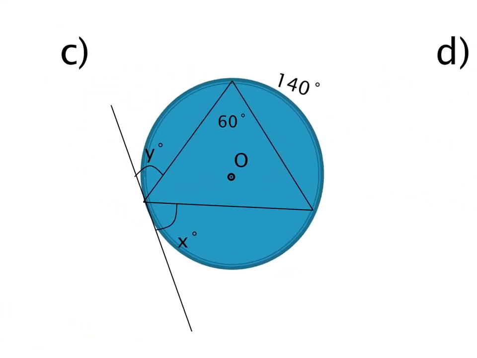Okay, this is going to use that useful fact that when you have a chord and a tangent line, this angle is half of its intercepted arc. And then the same thing on the other side. So what I can do is trace over the 60.